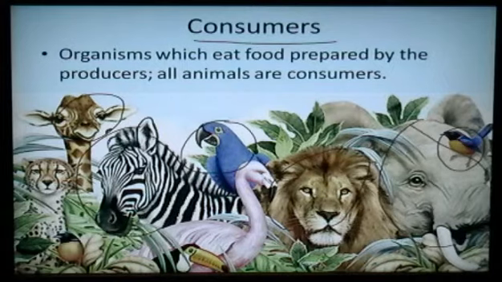For example, the zebra eats the food from the producers directly when it eats grass. When a lion gets food by eating zebra, which in turn eats grass, so in this way lion gets its food indirectly from the grass. So we can say consumers directly or indirectly depend on producers for food.